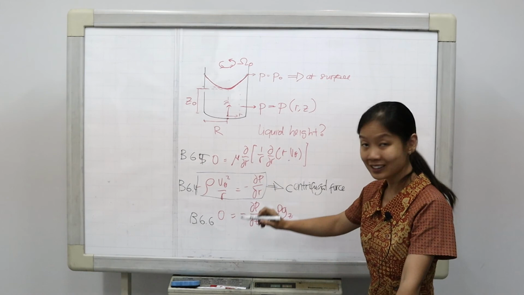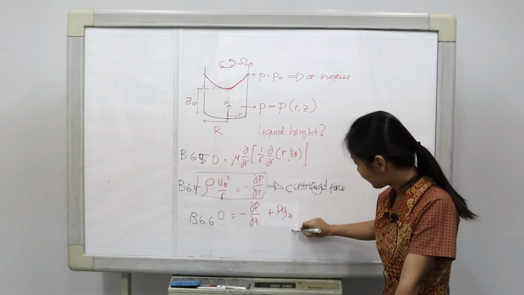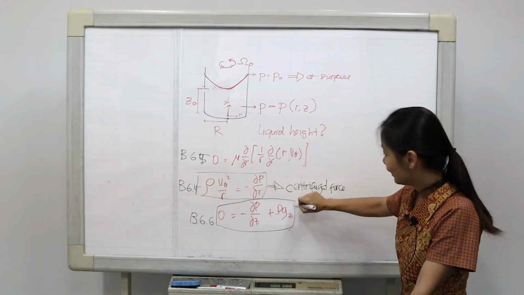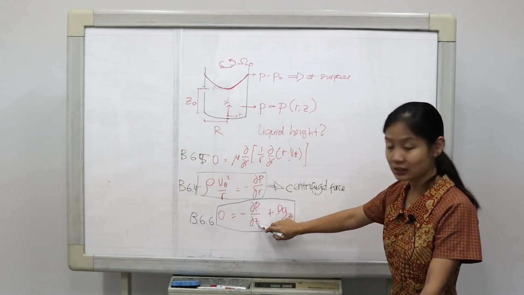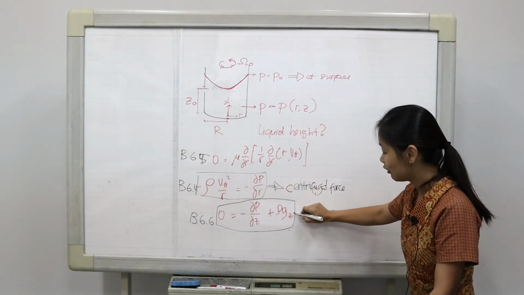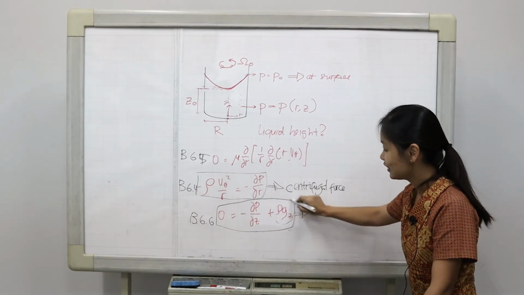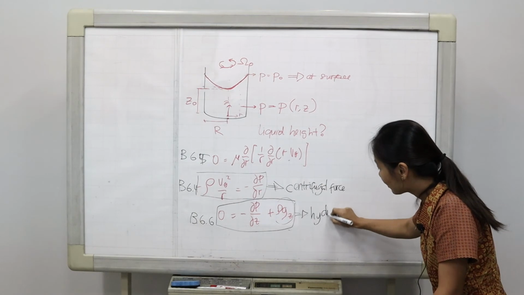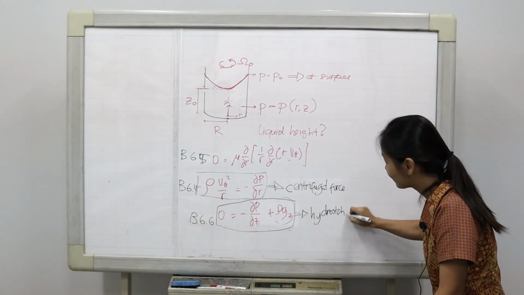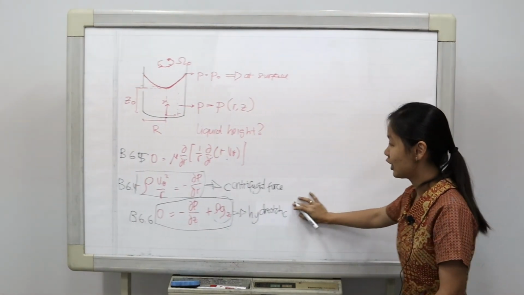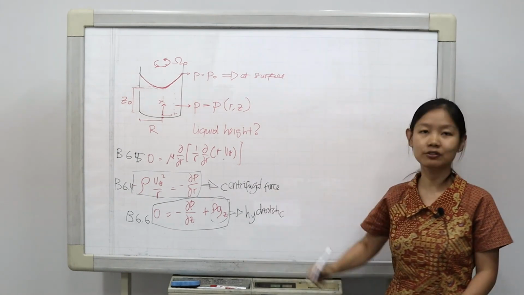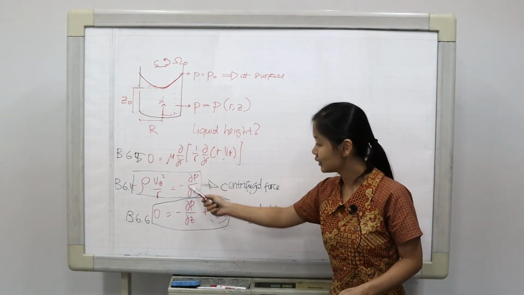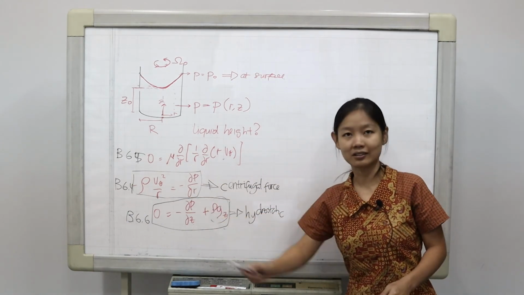Next, the z direction. In the z direction, we can look at this equation: the pressure varies in the z direction because we have, what is this? Hydrostatic. Because we have hydrostatic and we have centrifugal force, the pressure will vary in the r direction and in the z direction.